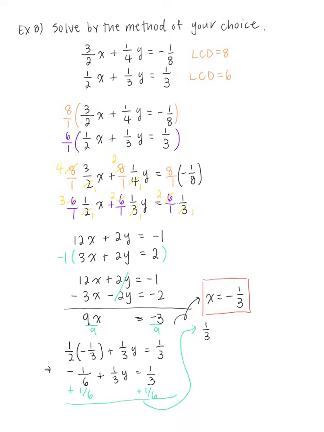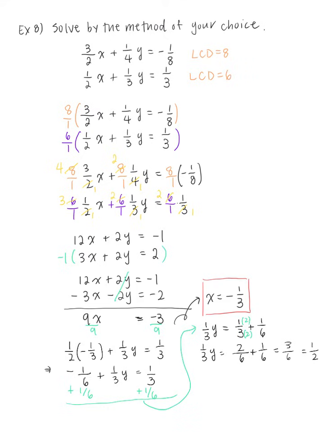We're going to get 1/3 y equals 1/3 plus 1/6. So here, if I'm going to get a common denominator, I need to multiply 1/3 by 2/2. So then we're going to get 1/3 y equals 2/6 plus 1/6, which is going to give us 3/6, which is just 1/2.